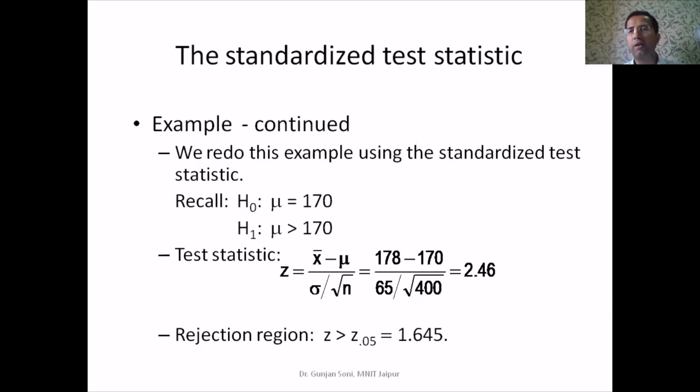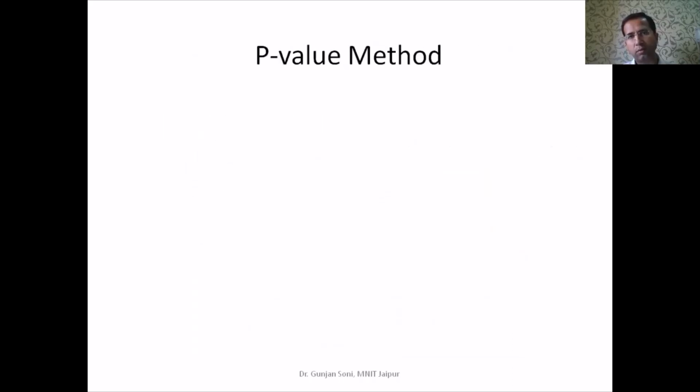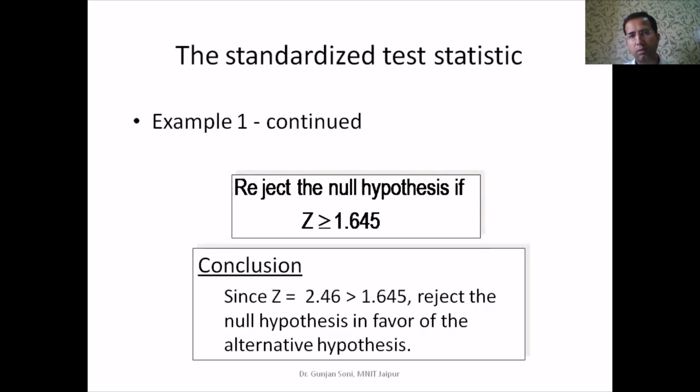You have sufficient evidence to accept the alternate hypothesis, and we can conclude that we reject the null hypothesis in favor of the alternate hypothesis. And the conclusion is that the system is cost effective because it is greater than 170.